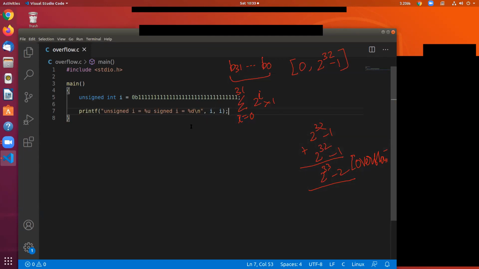Whatever bit pattern is there after that will be directly assigned to I. That is a binary notation. Does it make sense?